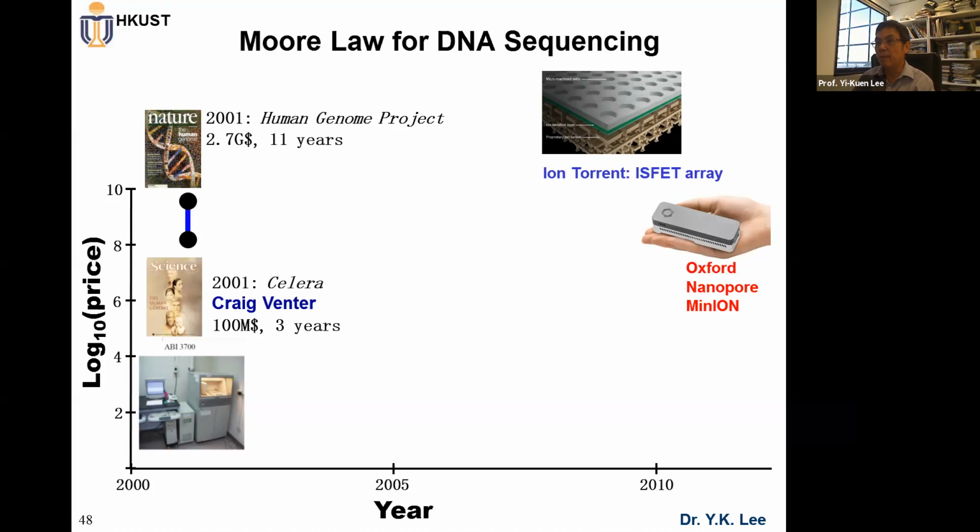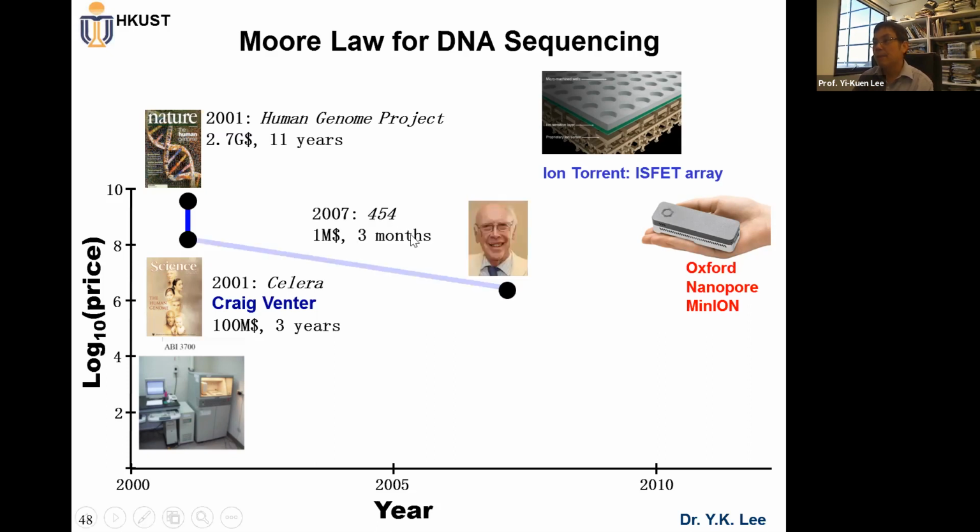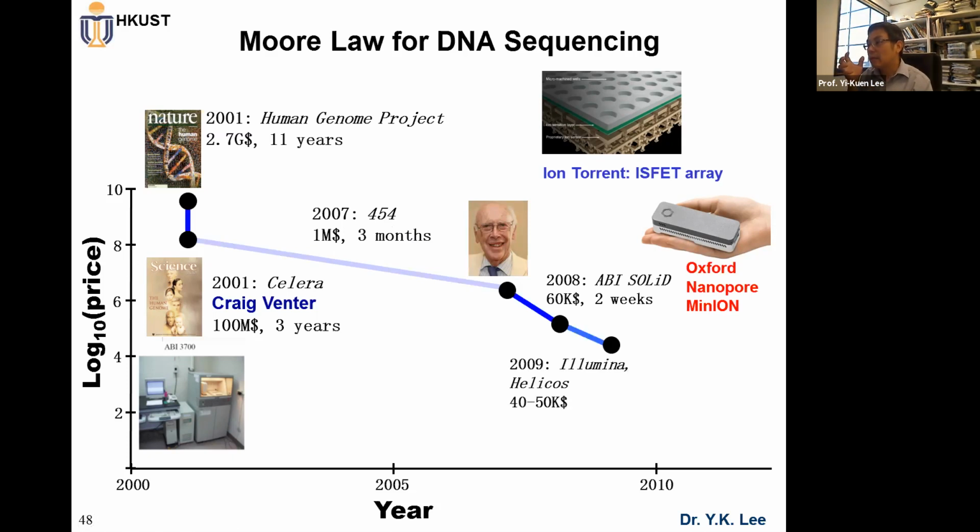And then gradually people came up with some new technology, like 3 years and 100 million, and then the 454 company spent $1 million US and 3 months. Then gradually people really tried to do micro machining to make this kind of DNA sequencing device, like Illumina, they call it the flow cell.